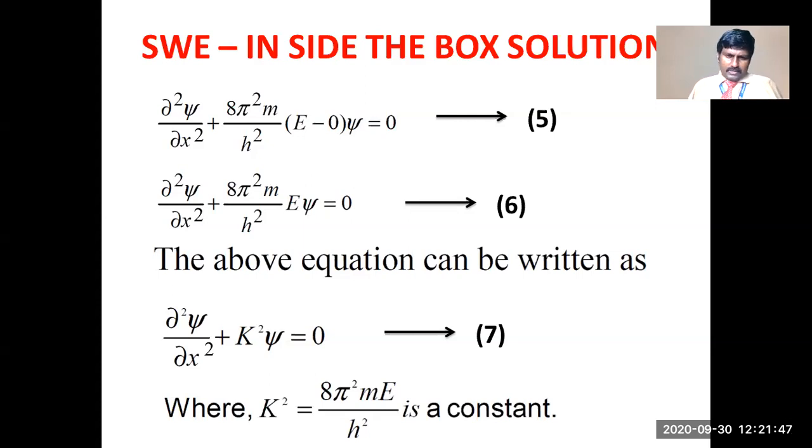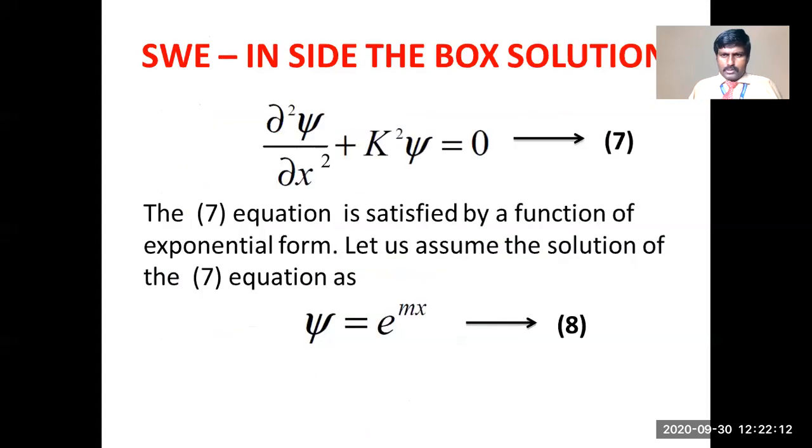From this you see that we are already near to getting the energy, because the right side term, capital E, is k square h square by 8 pi square m. That is the energy of the electron. Here itself we are getting the energy term. So anyway, we still have to solve for the wave function also.